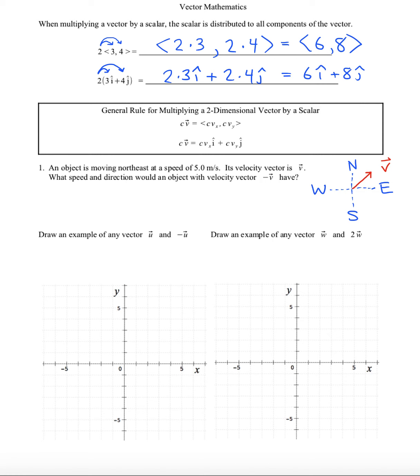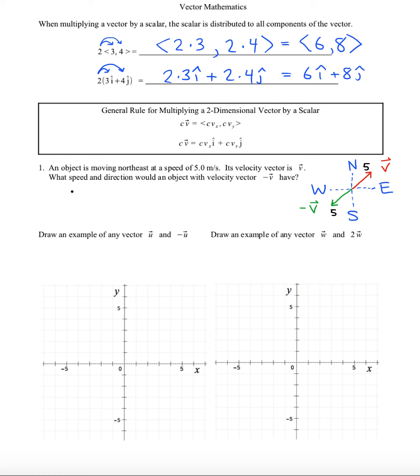So a vector of negative v is going to have the opposite direction, but an equal magnitude. So this vector, the green vector, will be negative v. So let's say the object with the velocity v is moving at 5 meters per second. Then the object with a velocity of negative v would also have a speed of 5 meters per second because the speed is the magnitude of the velocity vector.